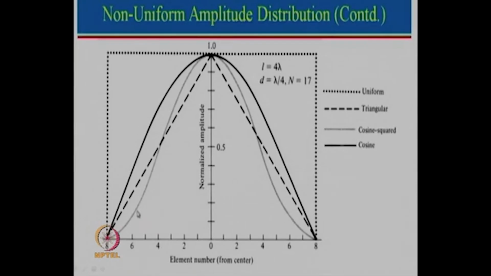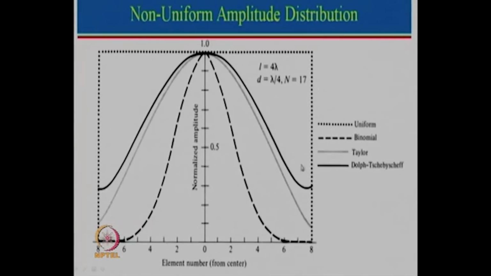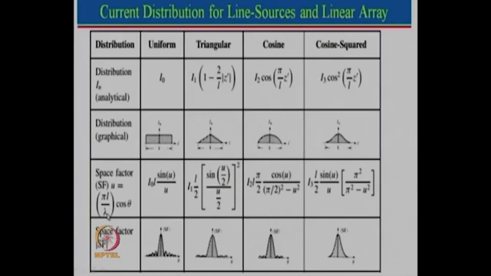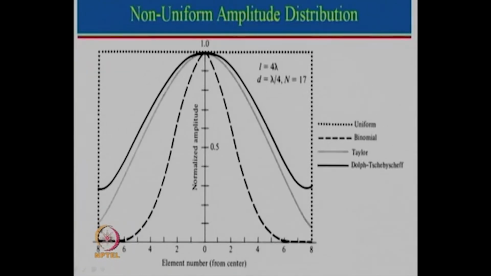So, that looks somewhat similar to the Dolph-Chebyshev function here, or we can use a triangular distribution with a pedestal, and if we use a triangular distribution with the pedestal, it almost looks close to a Taylor distribution.